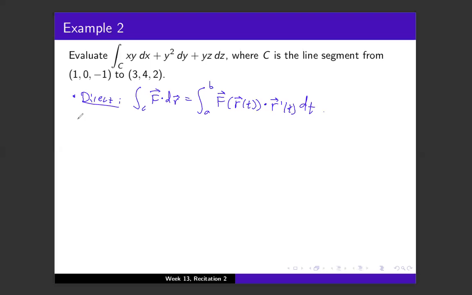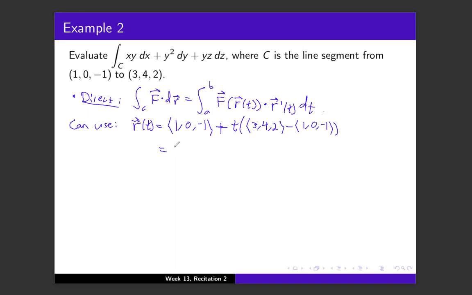So what's r of t? Well, for the parameterization of line segments, you can use this little trick. The trick is you can let r of t be equal to one vector, in this case 1, 0, -1, which the line segment starts at, plus t times (3, 4, 2 minus 1, 0, -1).